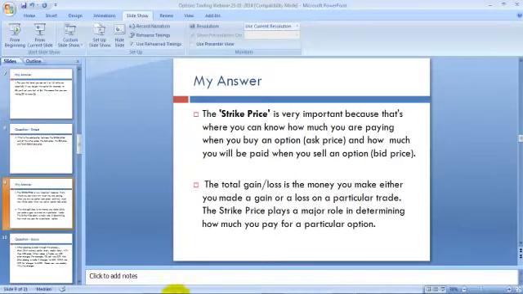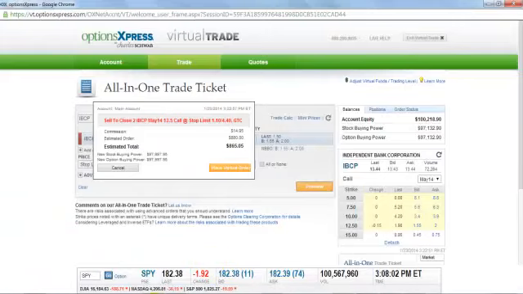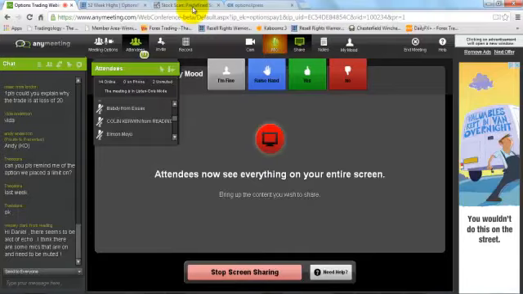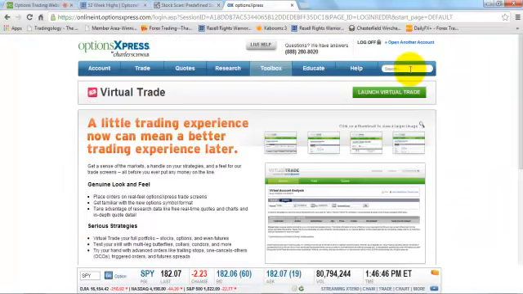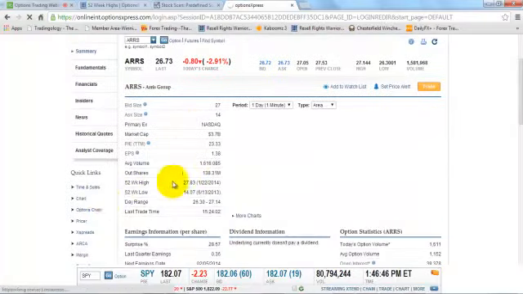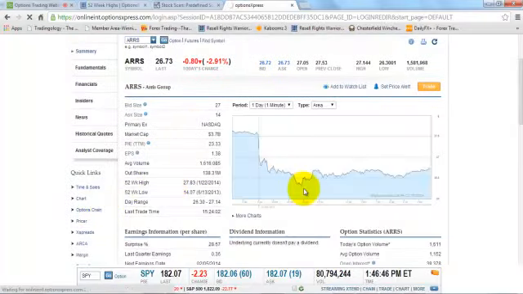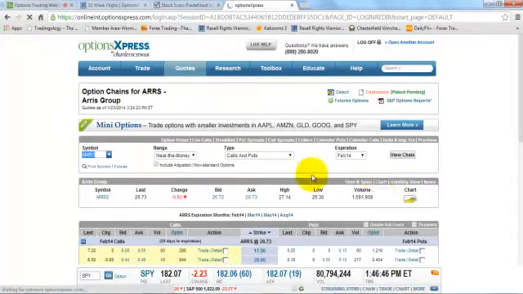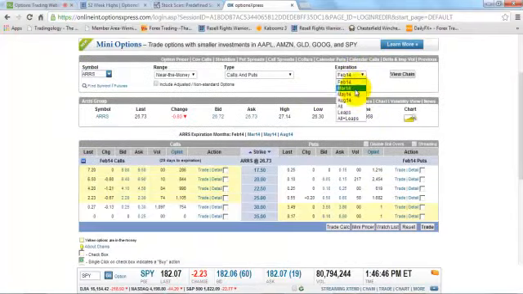So to go back and show you on the platform what I mean about the strike prices and the options and the percentage gain, let's use the same stock symbol ARRS, okay, and look at the options chain. Okay, so let's use the May 14 strike.